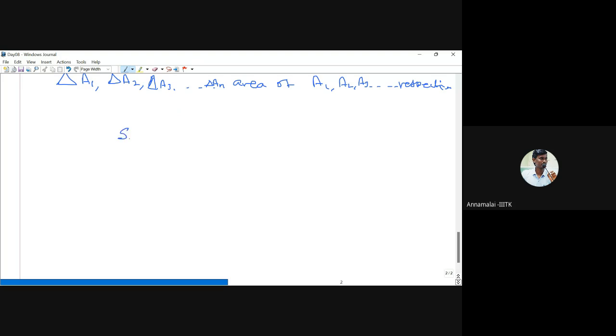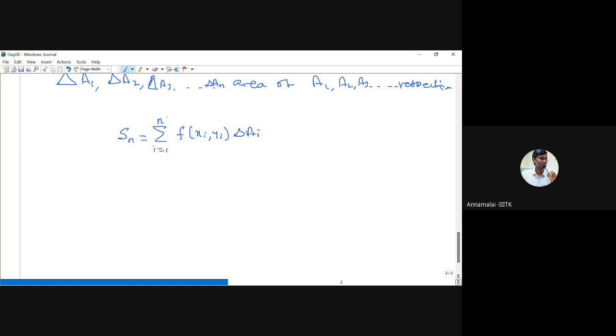So we define the sum Sn. Already for the single variable we defined the upper sum and lower sum, so similarly we define something here. This is nothing but the summation: if you fix some point xi comma yi in Ai and find the value of the function f of xi comma yi times delta Ai, where i equals 1 to n.